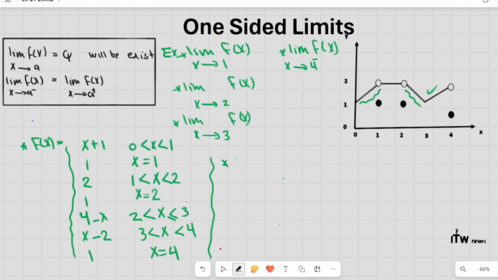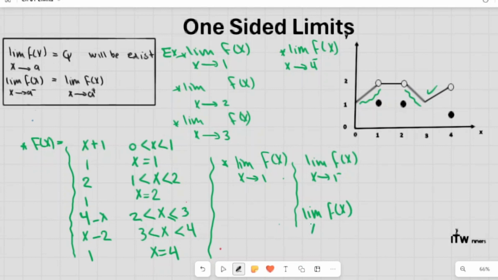The limit of f of x when x approaches 1 will be divided into the limit of f of x when x approaches 1 negative, and the limit of f of x when x approaches 1 positive.